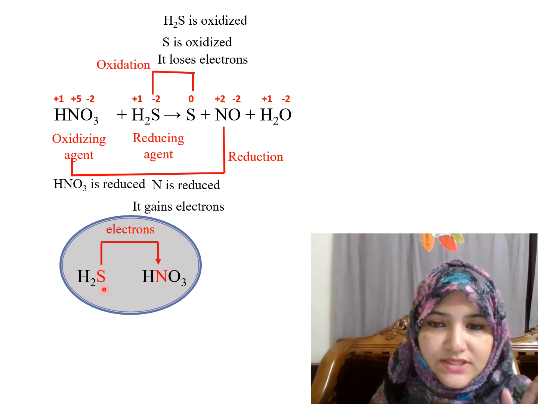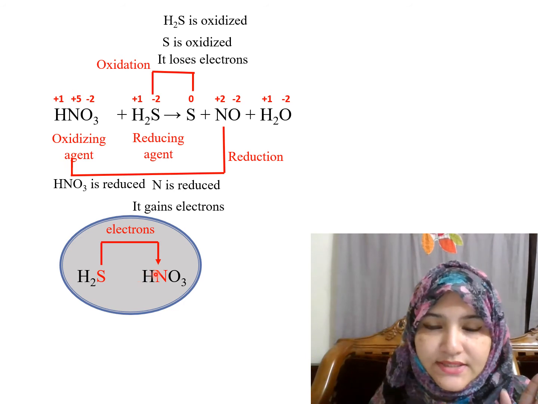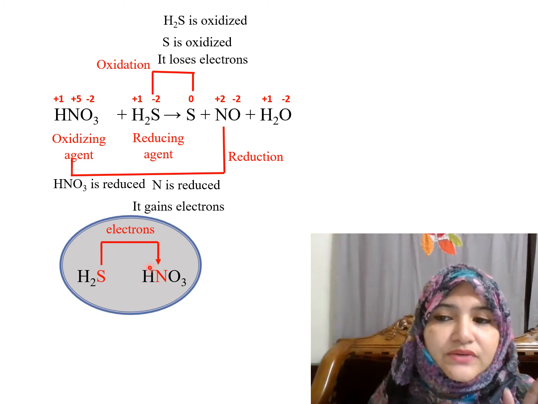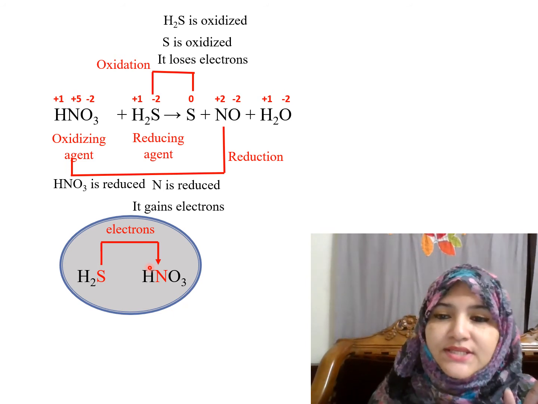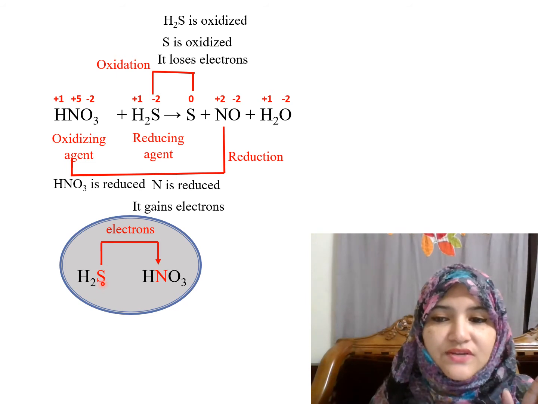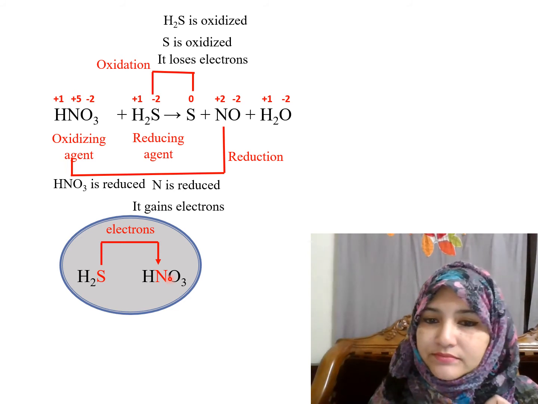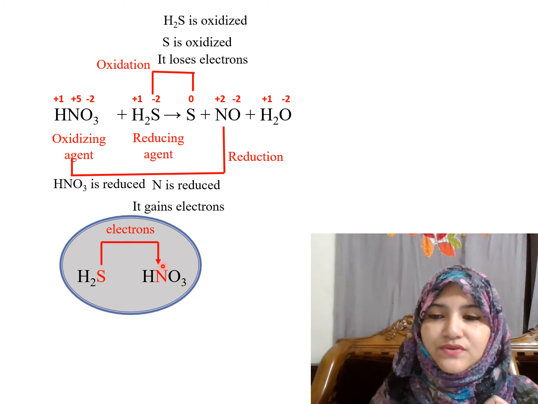H2S is getting oxidized, it's giving electrons to nitric acid and allowing nitric acid to gain those electrons, so it is allowing reduction to take place, and so it is the reducing agent. Hydrogen sulfide is the reducing agent because it is allowing reduction to take place, and that means the thing that is oxidized is the reducing agent.